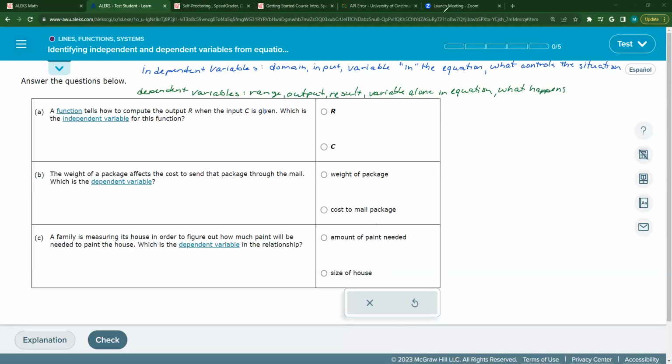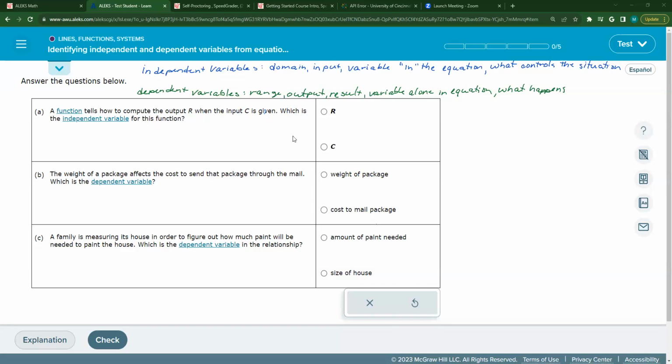All right, so when we're looking at these problems, you have to read carefully, be very careful of what they're asking for. They will flip it around. Sometimes it will actually say the input. A function tells you how to compute the output R when the input C is given, which is the independent variable. Remember, the independent variable is the input.